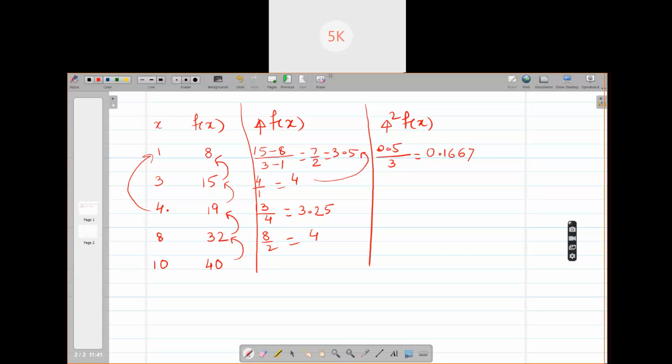Next one, 3.25 minus 4, that is minus 0.75, divided by 8 minus 3, that is 5. So that is minus 0.15. Then 4 minus 3.25 is 0.75 and divided by 10 minus 4, that is 6. So what is it? 0.125. Yes, correct. Are you getting it?